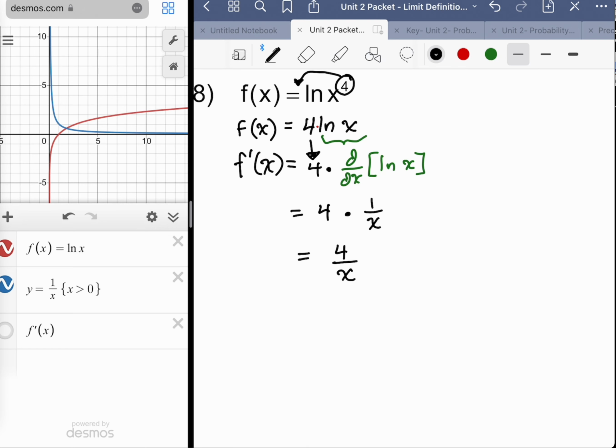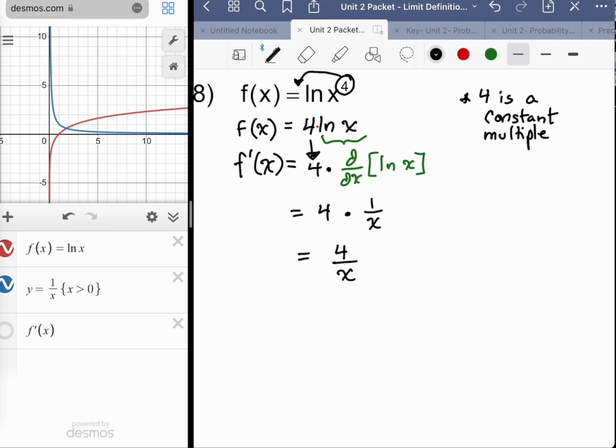All right? So constant multiples, that 4 is a constant multiple. You leave that alone and take the derivative around it.